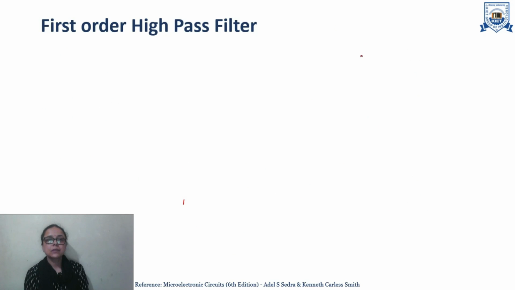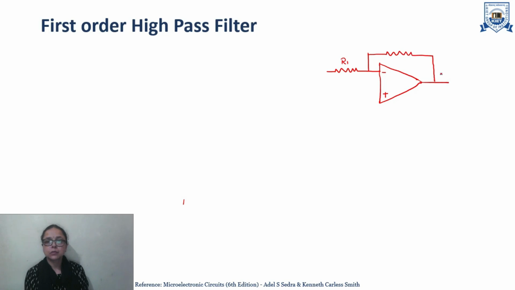Now, next we will discuss first order high pass filter. What is the difference in the circuit diagram for first order high pass filter? It is having an op amp. Again, the negative terminal is having resistance R1 and resistance R2.